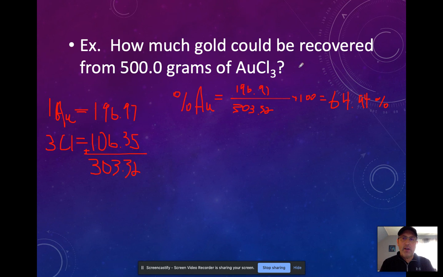Now we have to figure out, well, what is 64.94% of 500? Well, mathematically, to do that, we have to take our 500 and multiply it by the decimal of the percent. So we're going to take this 500 and multiply it by 0.6494. That's really the ratio that this gold-3 chloride has of gold.